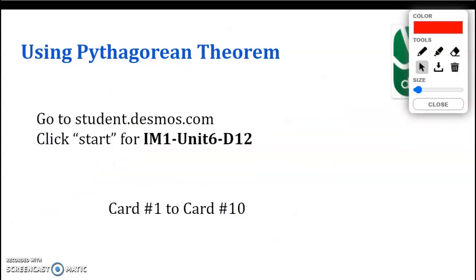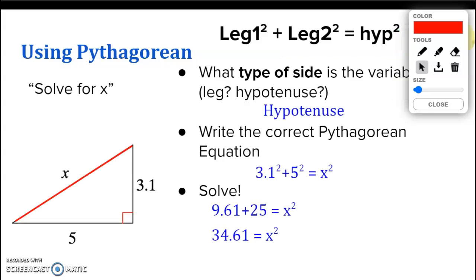That's what we've been working on. You take the square root of both sides to get rid of the square sign, and you're left with x on one side of the equal sign equal to the square root of 34.61. That's what I'm looking for.